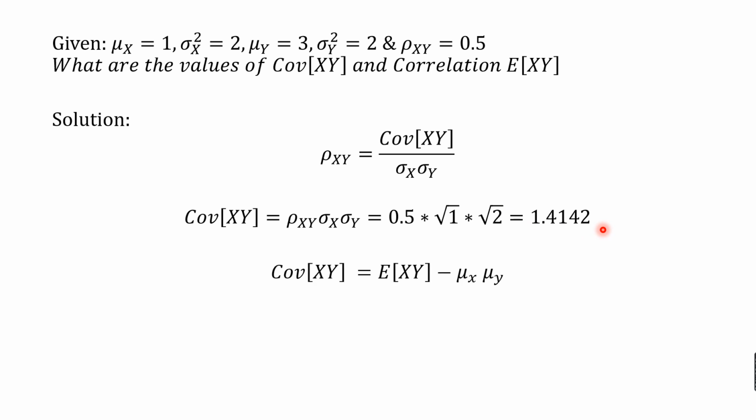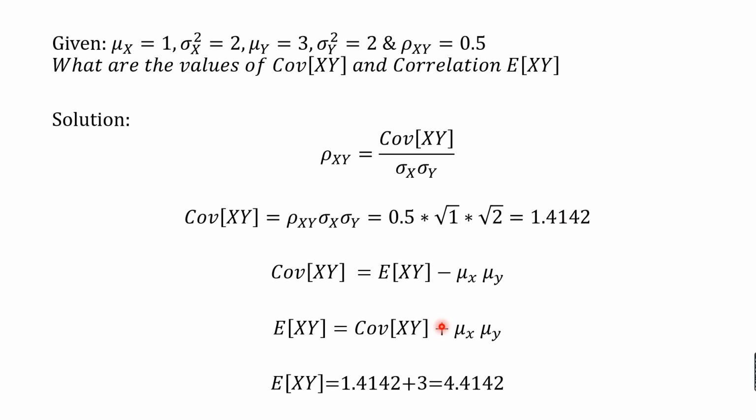Now, using this formula, the correlation of xy can be calculated. So correlation of xy equals covariance of xy plus the product of means. It is already calculated here, 1.4142 plus mu x is 1, mu y is 3. 1 into 3 is 3, 3 plus 1.4142 gives 4.4142.